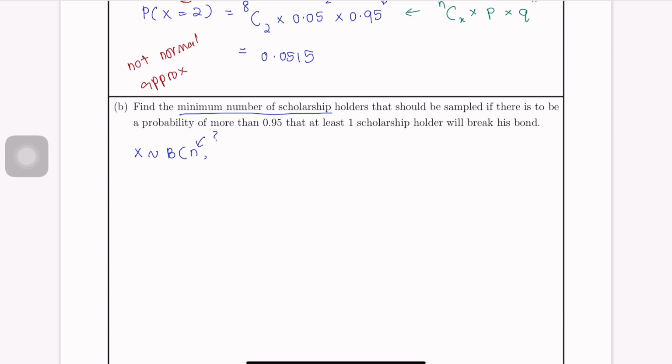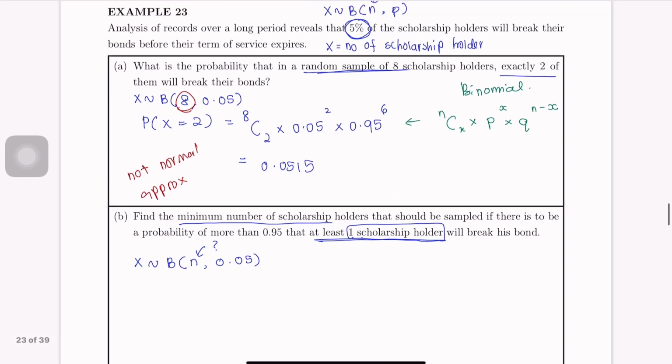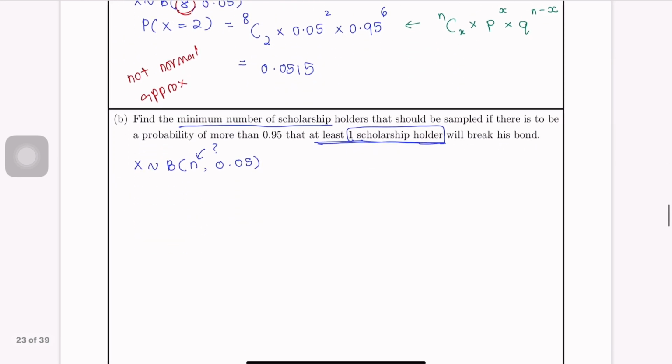And the probability is still the same, because for binomial, probability is just the same. At least one scholarship holder. So this one is X, as we have defined, X is the number of scholarship holders. So probability X at least 1. What is the probability? This 0.95 is the probability. Probability more than 0.95.